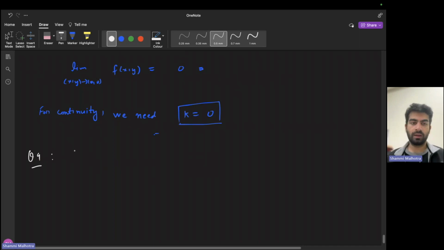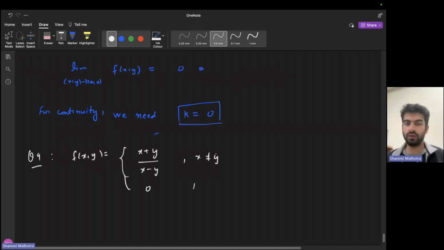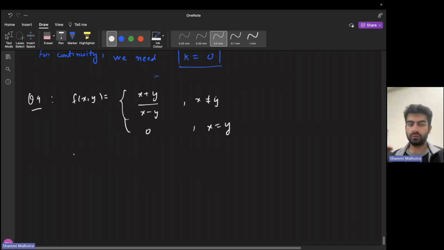Let my function be equal to (x plus y) divided by (x minus y) whenever x is not equal to y, and otherwise, whenever x is equal to y, I'm taking my function to be equal to 0.